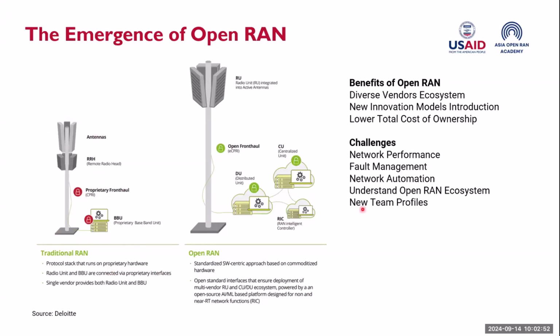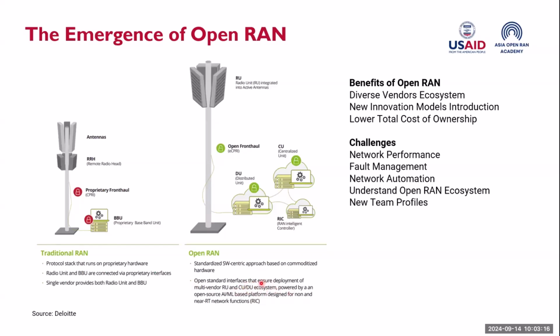So what's the main difference for Open RAN? For Open RAN, this is a standardized, software-centric approach based on commoditized hardware. So you can have a general purpose processor like a Dell or HP, okay? And then you can virtualize the functionality. And then open standard interfaces.